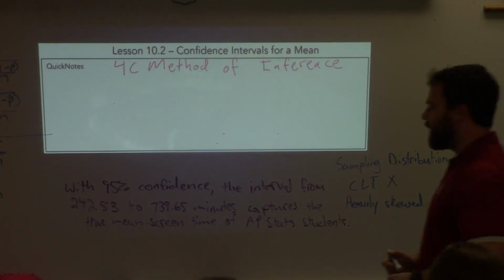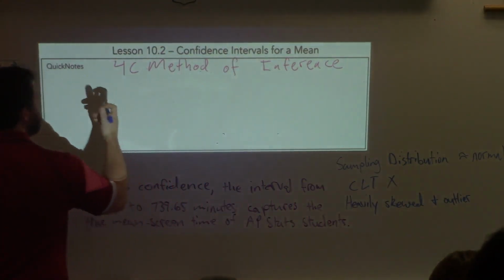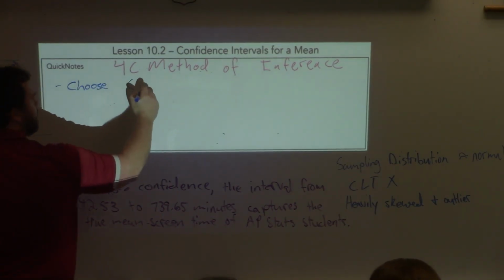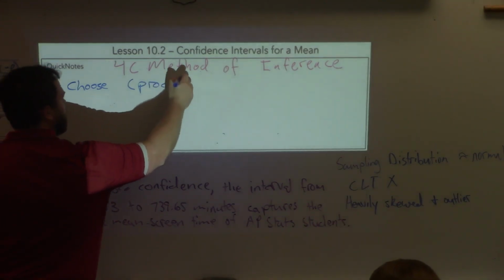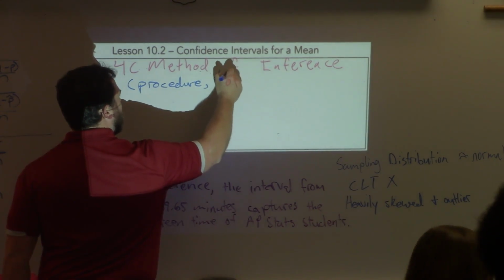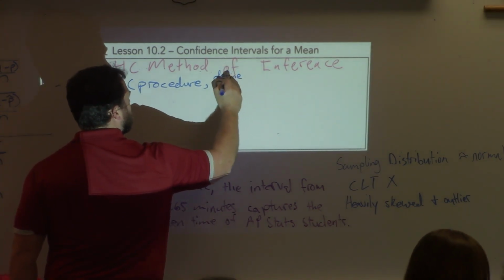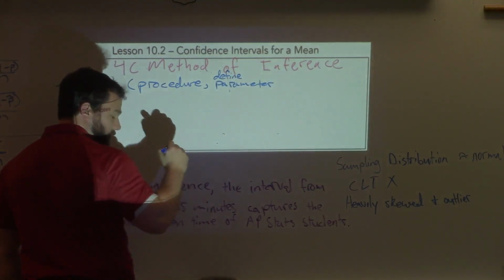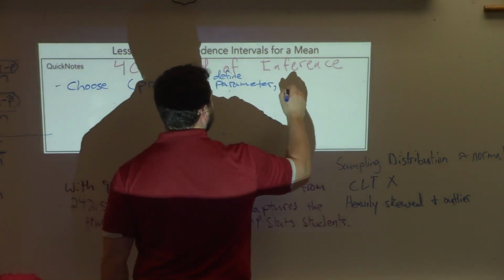Alright, 4C method of inference. What do we have to include? We gotta choose, check, calculate, and conclude. So procedure and define. I hope that no one ever forgets the 4C method of inference.